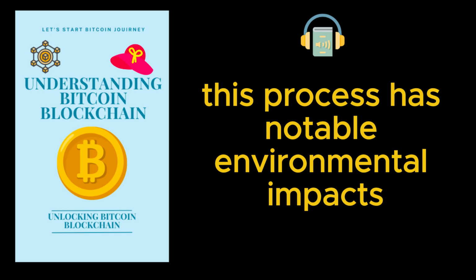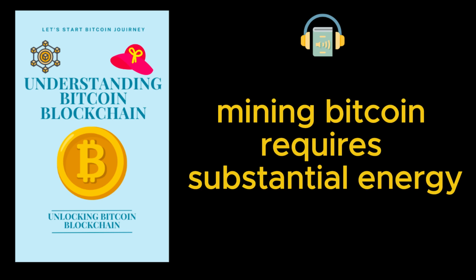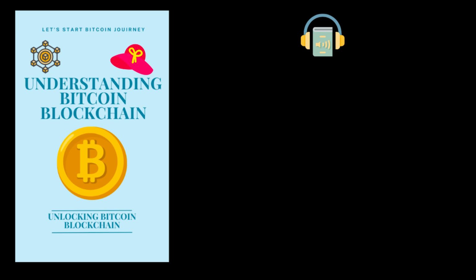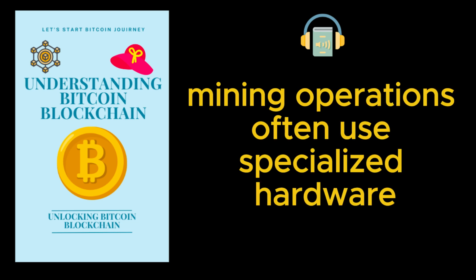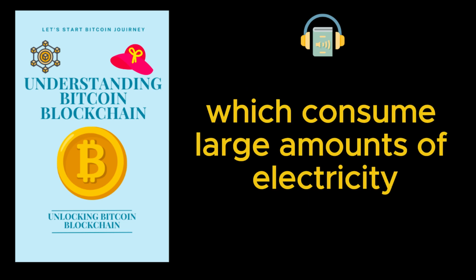This process has notable environmental impacts. High energy consumption. Mining Bitcoin requires substantial energy due to the high computational demands. Bitcoin mining operations often use specialized hardware, such as ASICs, application-specific integrated circuits, which consume large amounts of electricity.